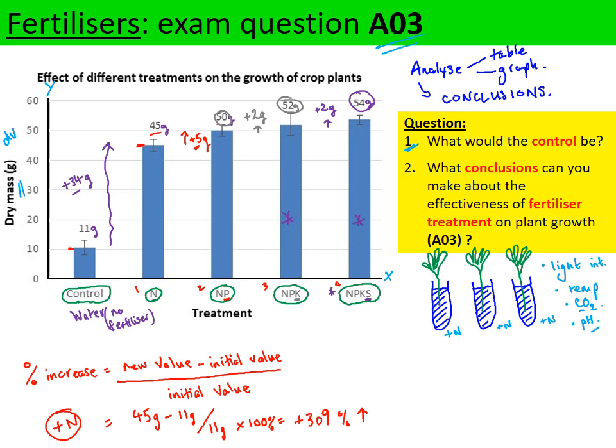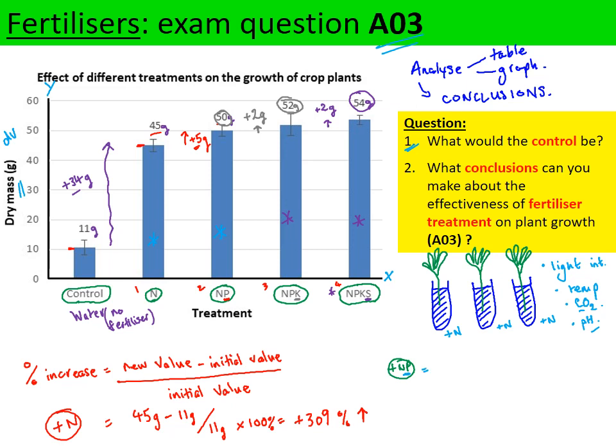Now, if we do the same calculation for the addition of N and P, we actually want to look at the effect of just the phosphorus. So if we compare treatment number 2, that value of 50 grams, with treatment number 1, 45 grams, we can then work out the effect of just phosphorus on its own. Again, we could do the same sort of calculation.